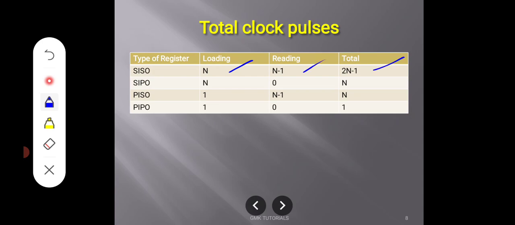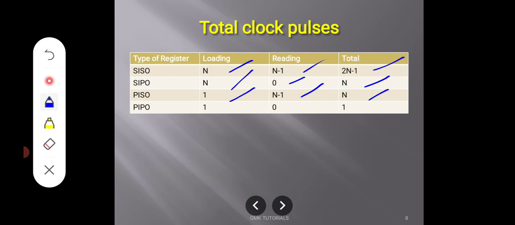At the same time, in the serial input and parallel output case, we need n clock pulses to load the data, and for parallel output, we don't require any kind of clock. Therefore, the total number of clock pulses is equal to n. For PISO, that is parallel input, we need 1 to load the data and n minus 1 to read the data. Therefore 1 plus n minus 1 is equal to n.